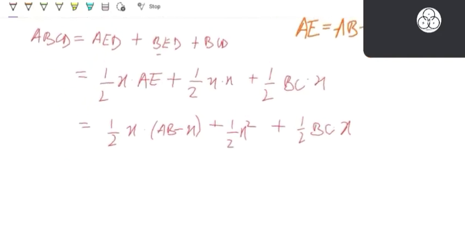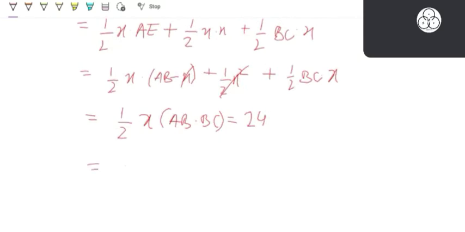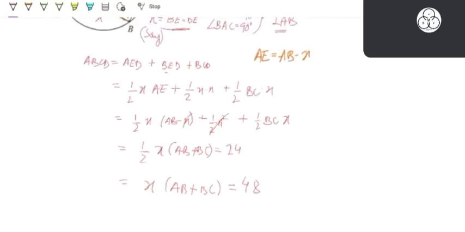Just add them up. This half X square will get cancelled out. We will be left with half X times AB plus BC, and area of ABCD is given, which is 24. So X times AB plus BC equals 40, right? Fine.